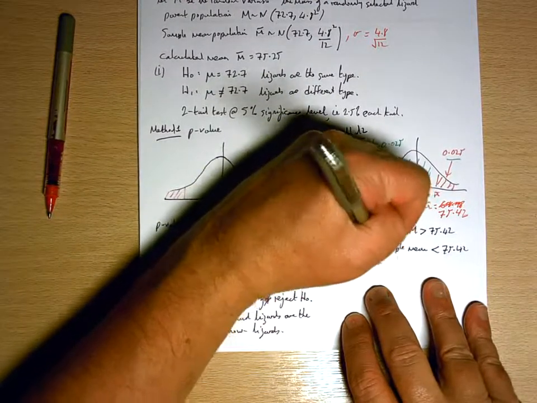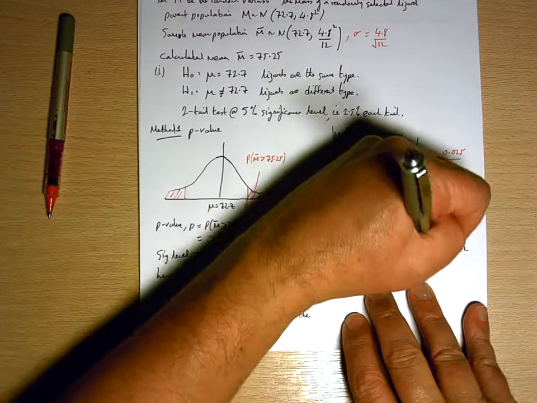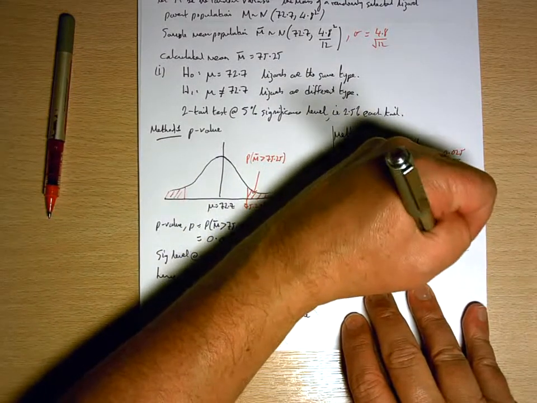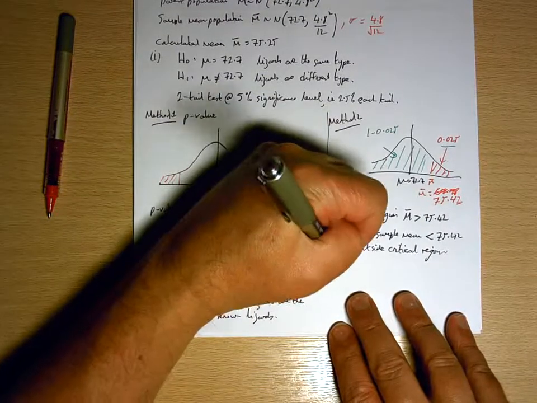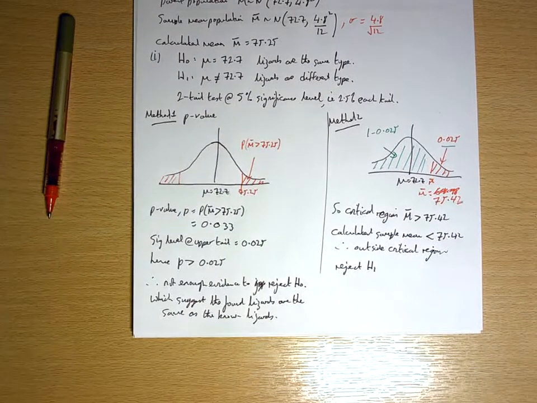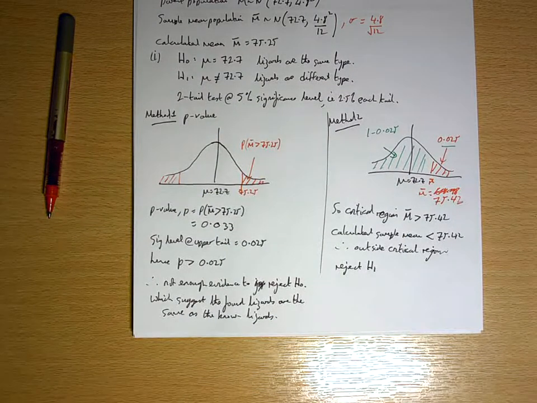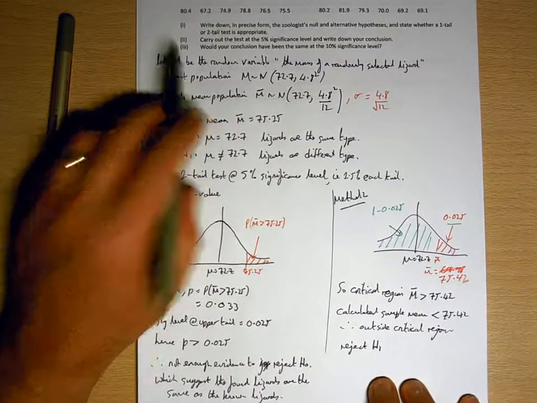Therefore, outside critical region. So outside the critical region, we don't reject H0. We're rejecting the alternative hypothesis. So that's part 2.